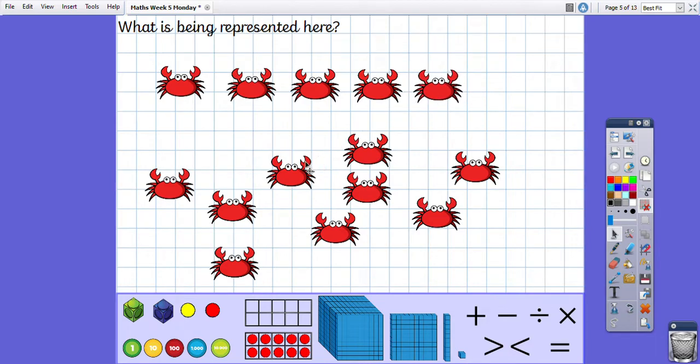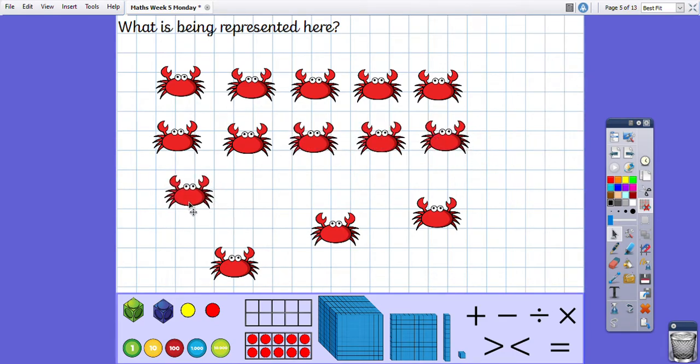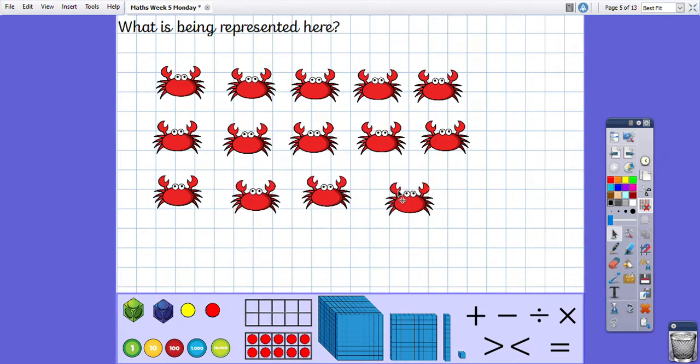So there's one row. And then, just like that, that is much easier to understand. So I know I've got 5 and 5, which is 10, and 4, which is 14.